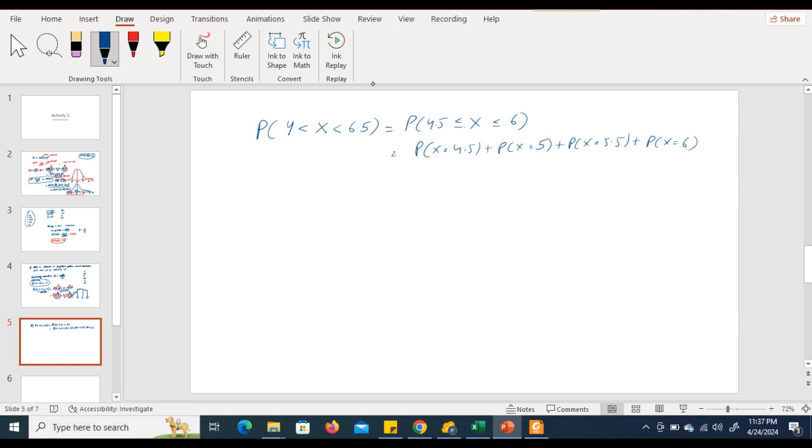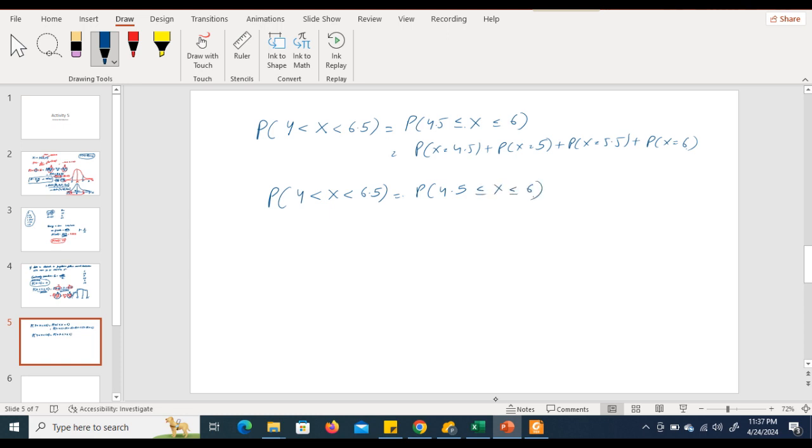But if we want to calculate the probability using the normal distribution, what do we have to do? The first step is to convert this data into equality form. We have already seen that the width size is 0.5. So after 4 the next point is 4.5, and before 6.5 the data is 6 only.